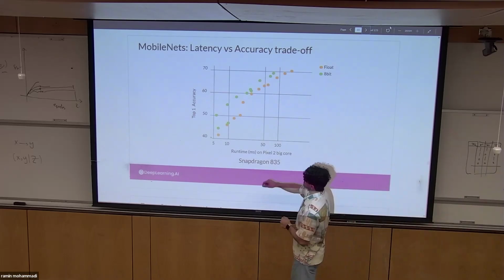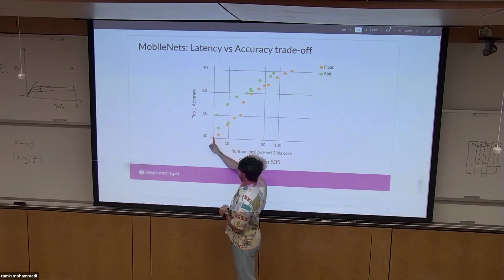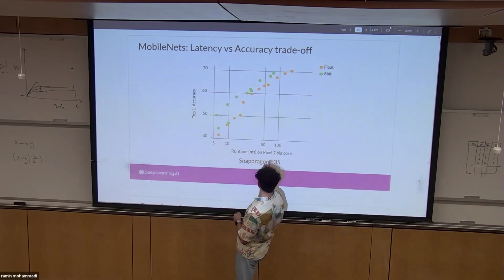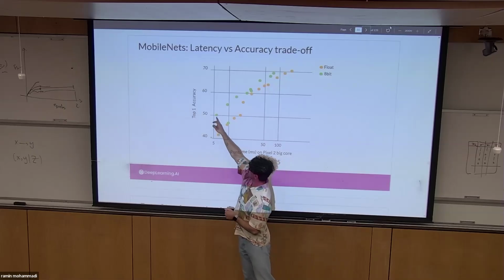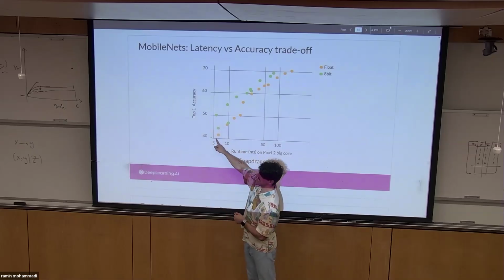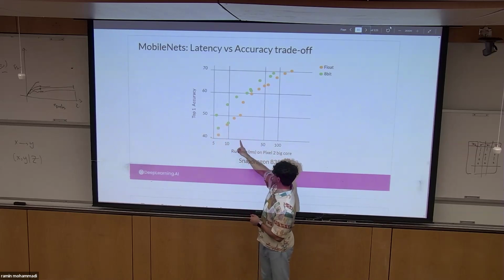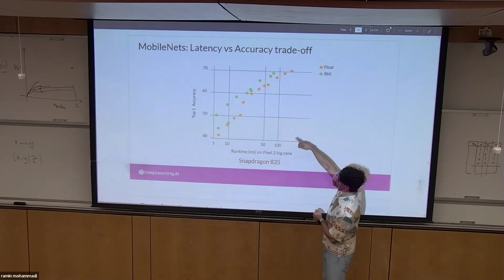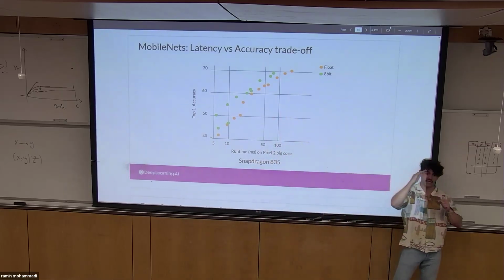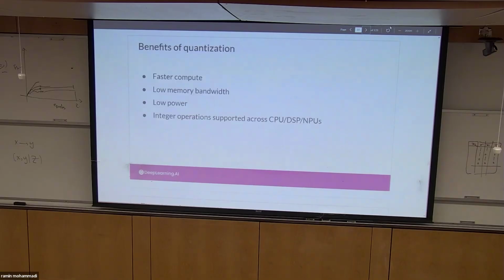What you can see is that to reach, for example, 50% accuracy, you need about 6 milliseconds of runtime for the quantized model, while for this model it takes about 15 to 20 milliseconds. For the same performance, the speed becomes much faster in the quantized version. You can get similar results compared to the general version.